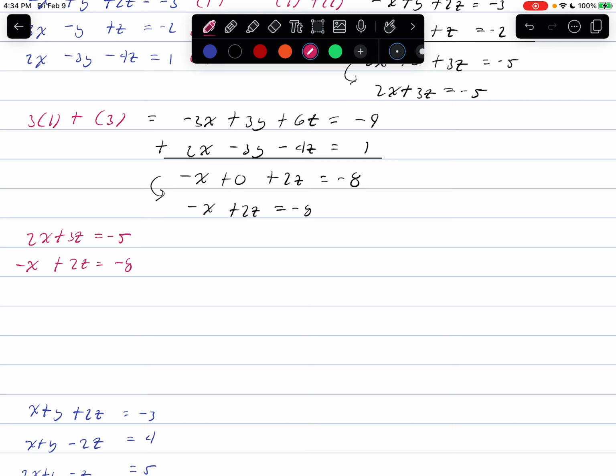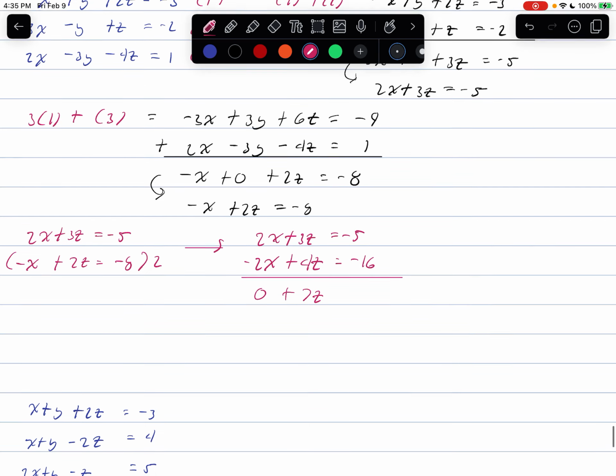So I'm thinking the first step is to maybe multiply the second equation here by 2. So if we multiply this by 2, we'll have 2x plus 3z equals negative 5, and we'll have negative 2x plus 4z is equal to negative 16. So if we add these together, we'll have 2x and negative 2x, that's 0. 3z plus 4z is going to give us 7z.